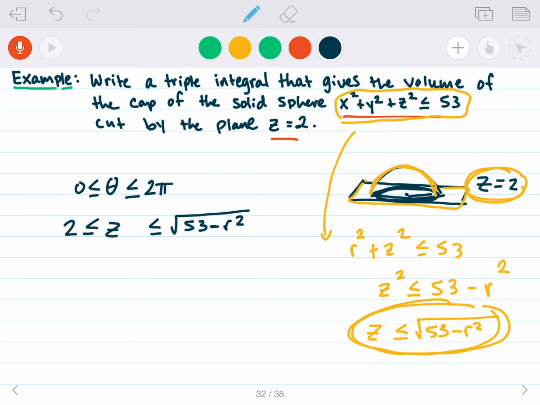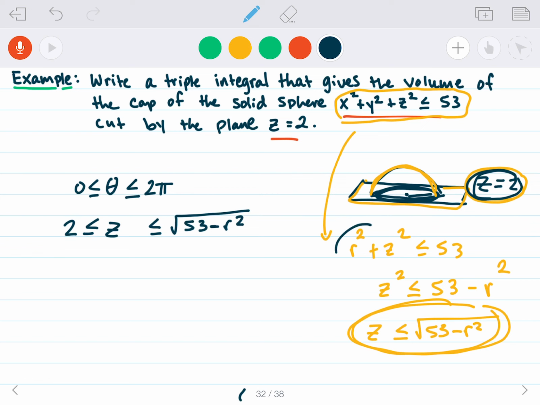All right, so now what about my radius? Well, I'm going to get the radius if I just plug in z equals 2 in here. Then I'm going to get an expression for the radius, because I know that x squared plus y squared is equal to r squared.